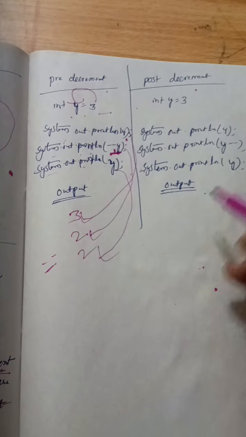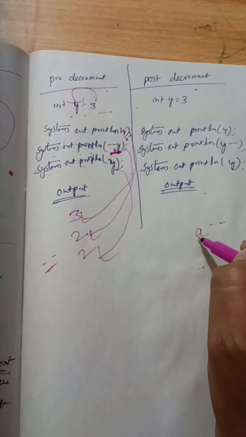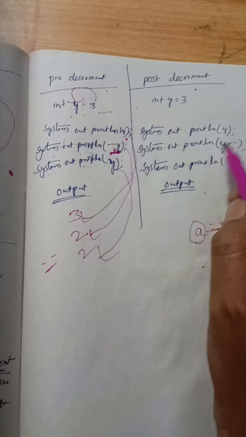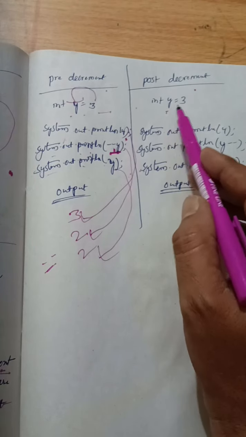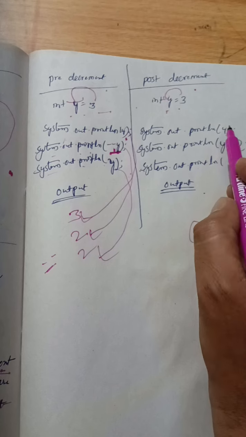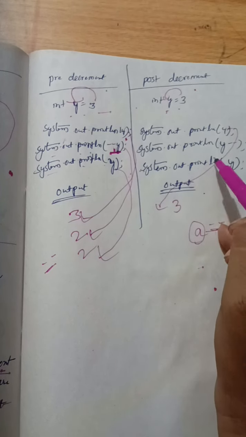Now post-decrementation. In post-decrement, the operator comes after the operand, after the symbol. This is called the post-decrementation. Now y equal to 3, with the value 3 stored in y. Now I want to print the value of y. What is the value here? 3.